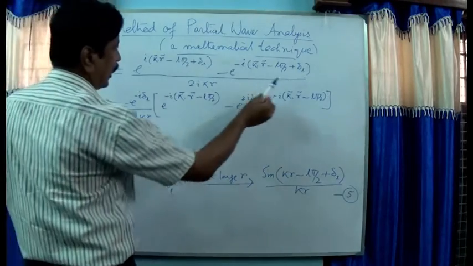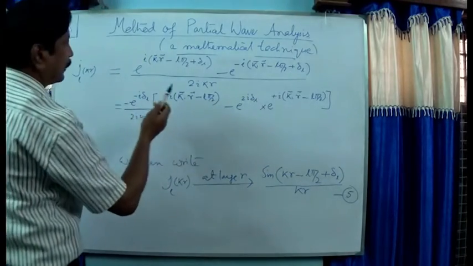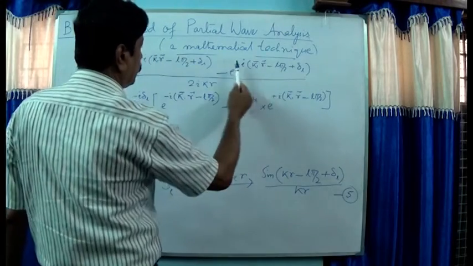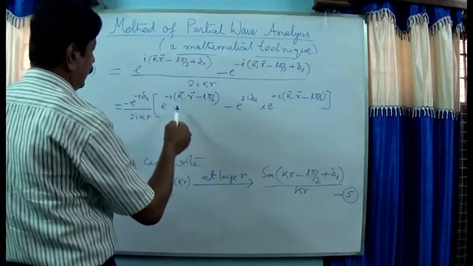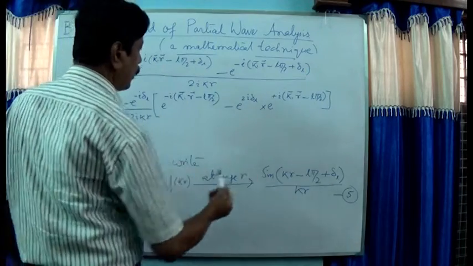We have just taken common e to the power minus iδ from this part, and then it turns into this set.